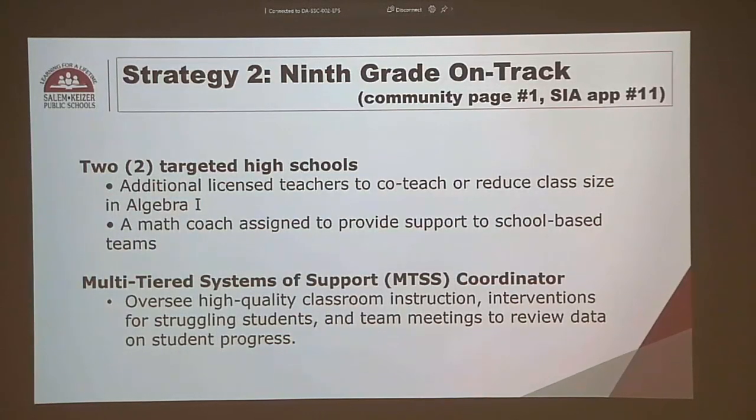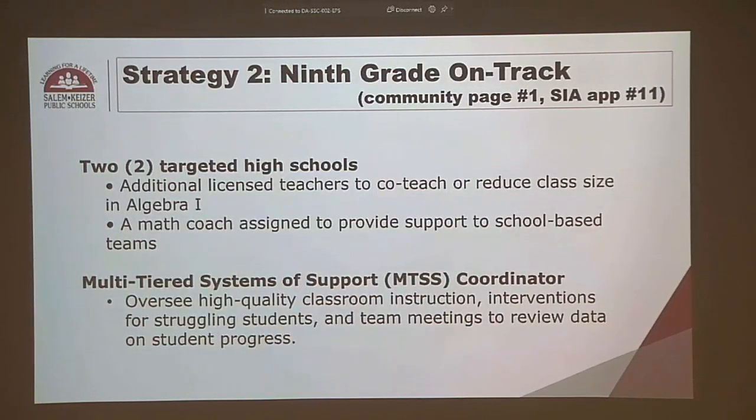We have found, we referenced this last week, we have found that Algebra 1 is typically the most failed class for our freshmen and is more often than not the reason that a child ends up off track. So pushing in to target at 2 of our high schools that currently have the data that indicates they need some additional supports, not only in math, but in ensuring that their freshmen are on track.